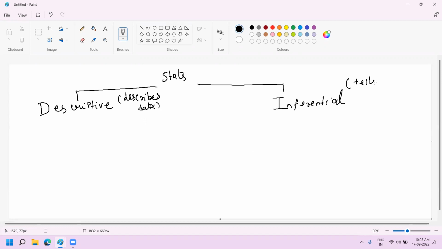It tells about the population data by analyzing the samples. Descriptive is either you can analyze your sample or the population: what is my data telling me? Whereas inferential is always based on the sample, which tells how my population is going to be.